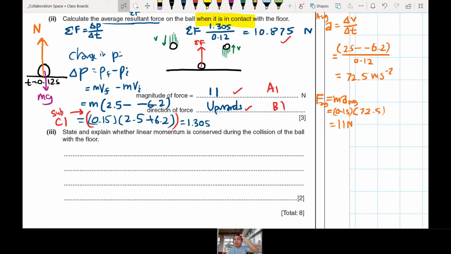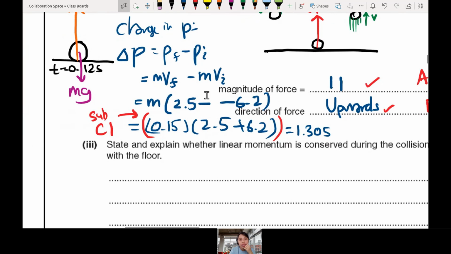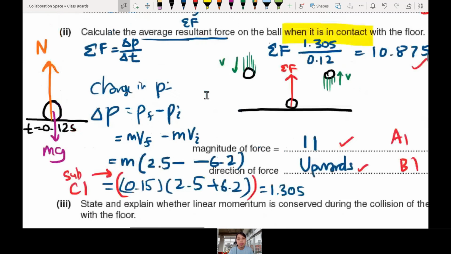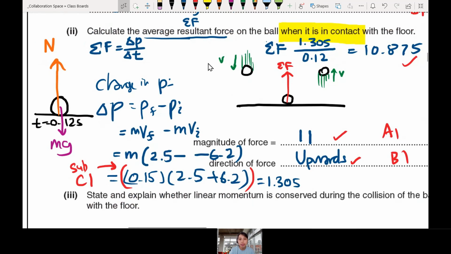None so far. All right. Let's see. Why negative? Why 2 minus? Good question. What is happening here? Final, initial. Okay, let's write down the values first in this diagram here. So when the ball at first is going down, right?